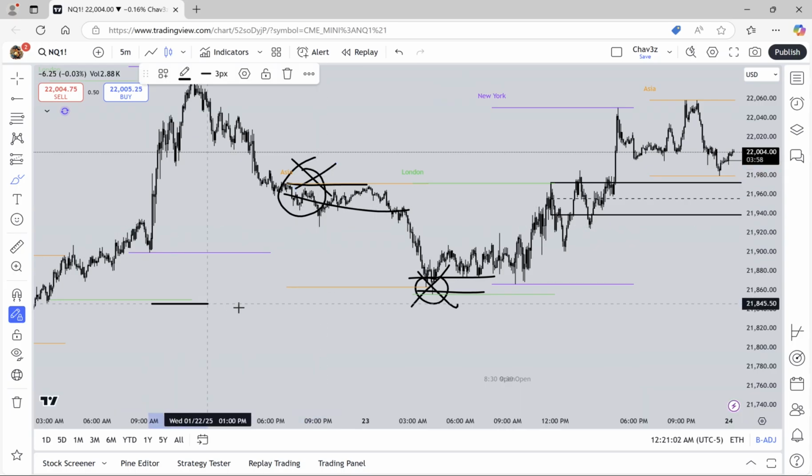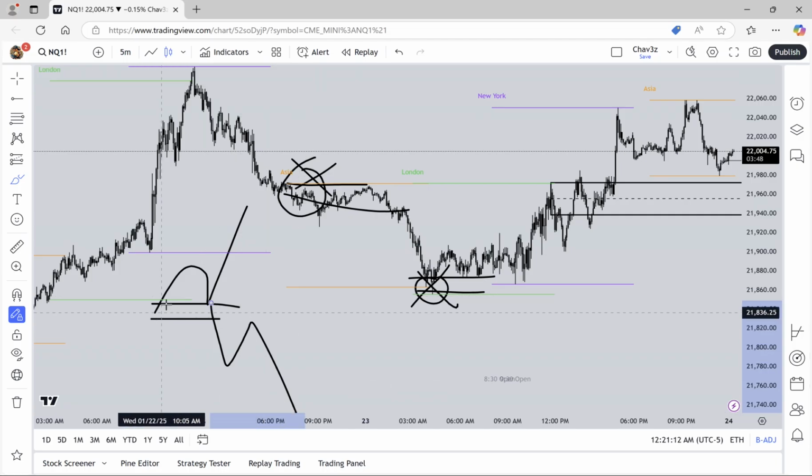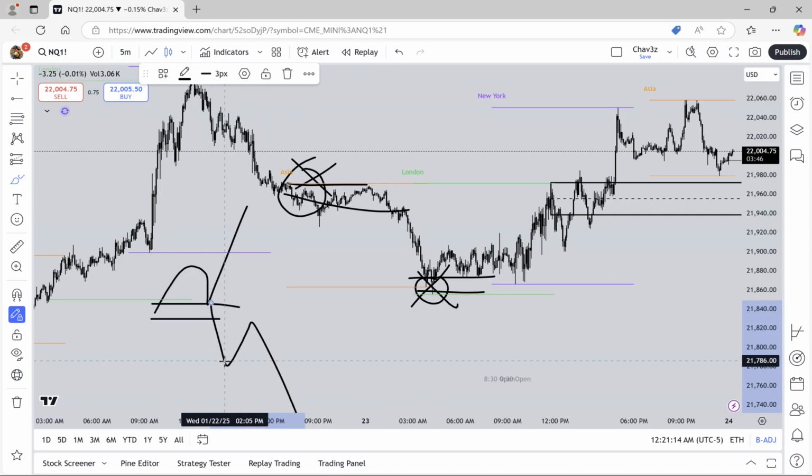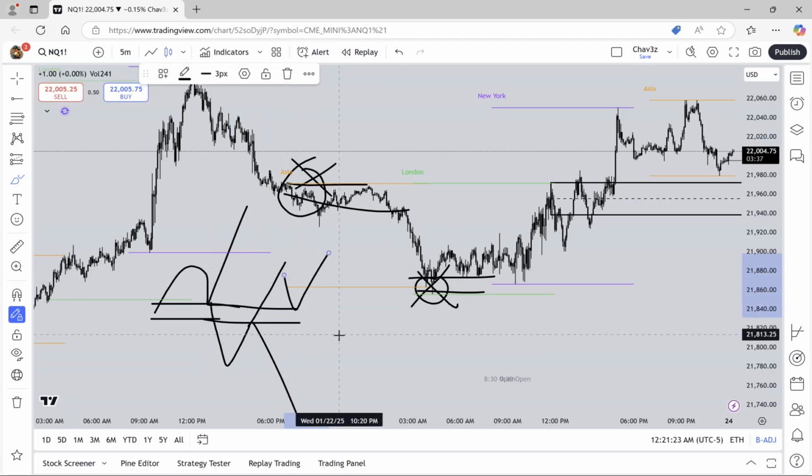It wants to create the order block and trade into it and bounce, trade through it and use it as resistance, or trade above it, below it, and this is called a double purge. Trade above it, below it, and then come back up on top and use it to go even higher.